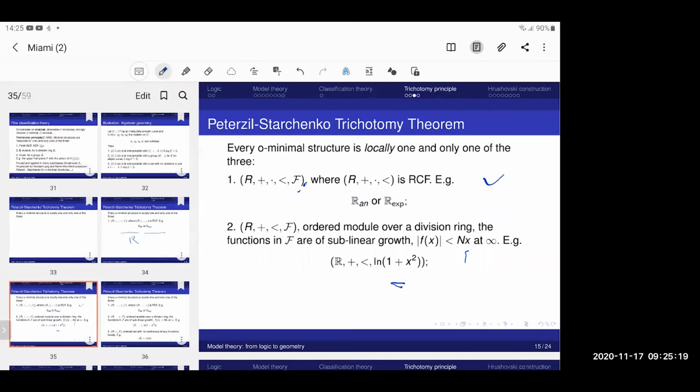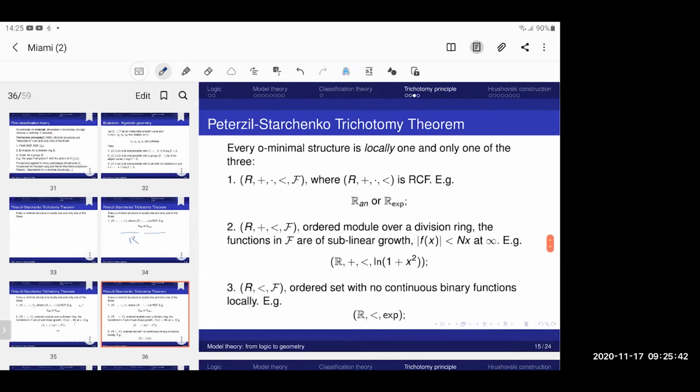You see, that's a very non-trivial corollary of this classification, and I think it is by Miller. It is pre-Peterzil and Starchenko theorem, or maybe it was Miller and Starchenko joint statement.